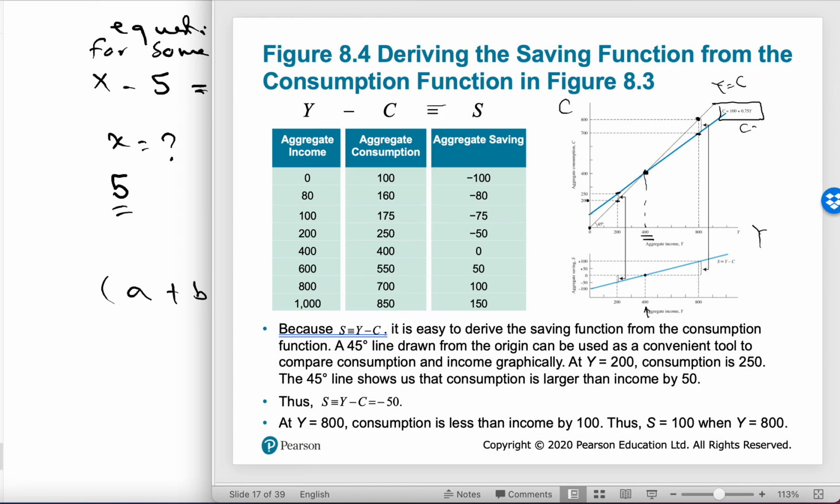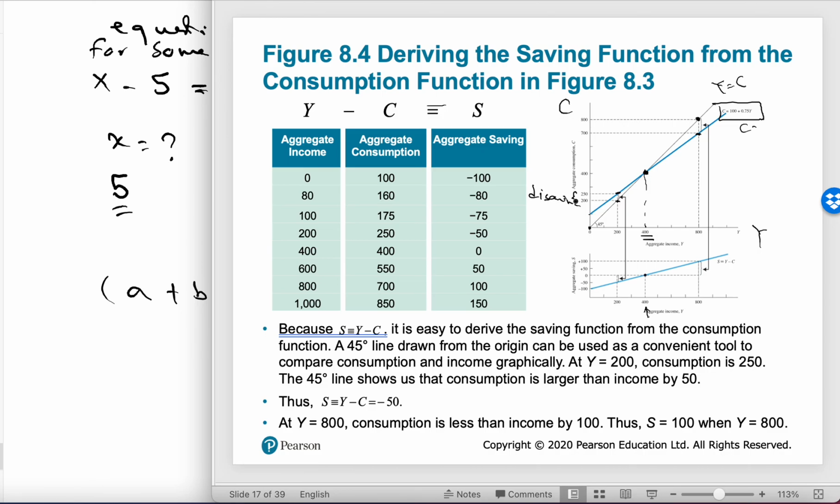So this is 200, 45-degree line, 200. But how much are people spending on consumption expenditure? They're spending 250. So 250 is bigger than this. As long as the income is less than that 400, this gap is always showing de-saving.